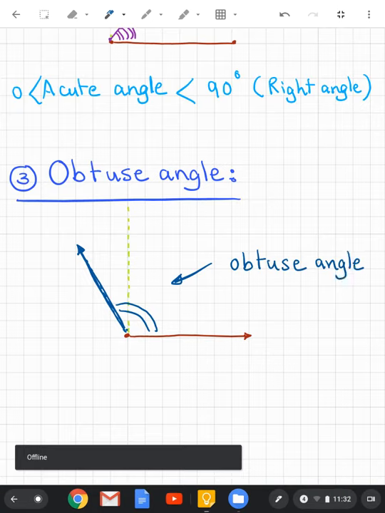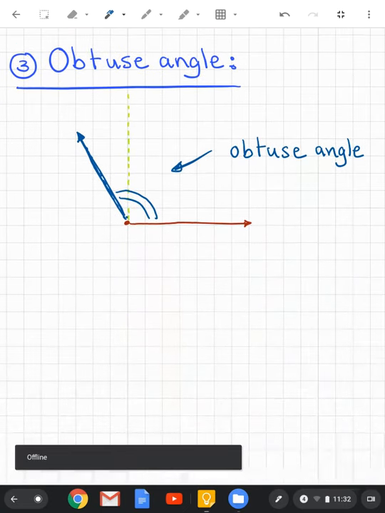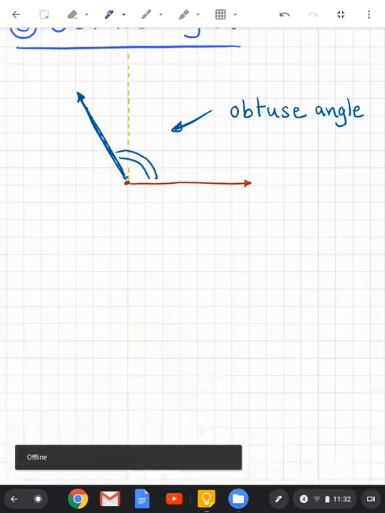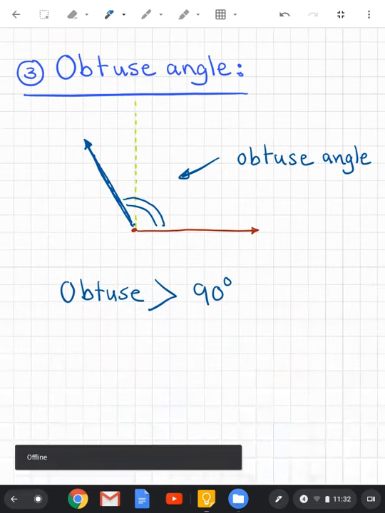The measure of the obtuse angle is more than the right angle, or more than 90 degrees. So the obtuse angle is more than 90 degrees. So now we took 3 types of angles.